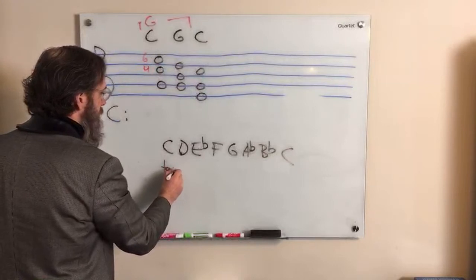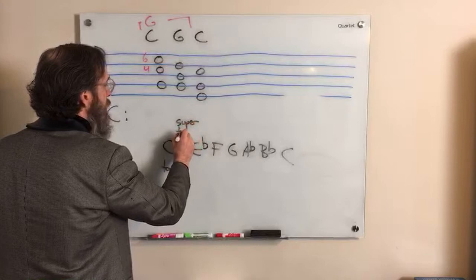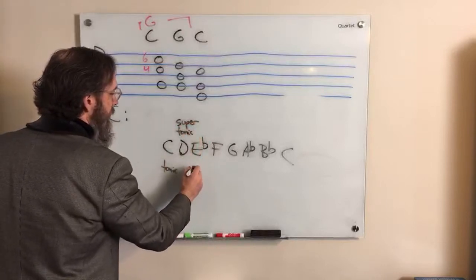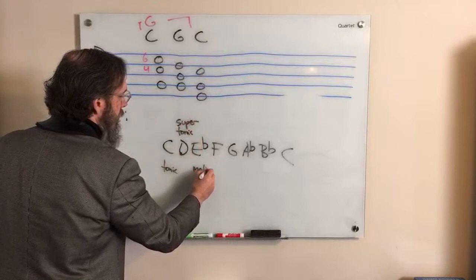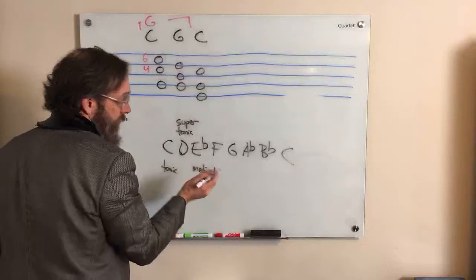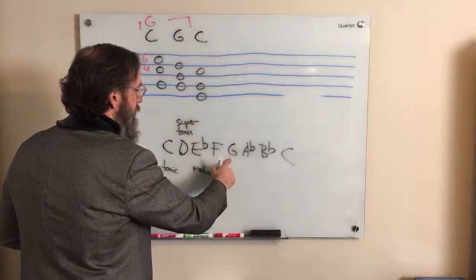C is considered our tonic. D is called supertonic, super meaning above tonic. The E flat is the mediant, the middle of the triad C, E flat, G. It's the middle note. I'm going to skip over F for a second.